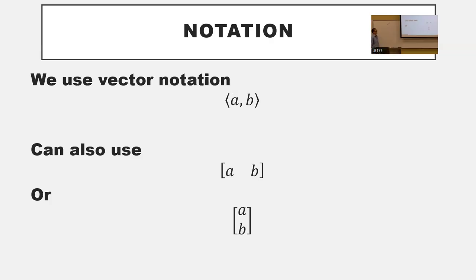You can either write that vertically or horizontally. And if you write the list of numbers, either vertically or horizontally, that's also vectors. And we can do the same operations, whatever notation we use. Okay. We'll use that vector notation in this class.